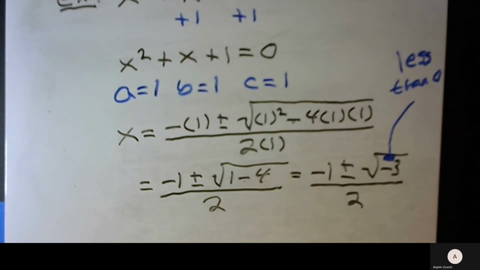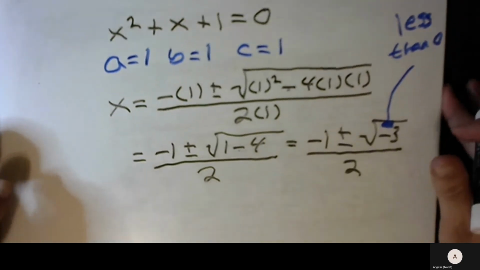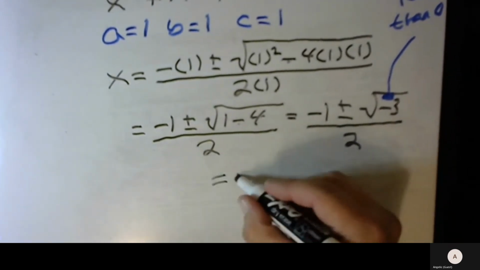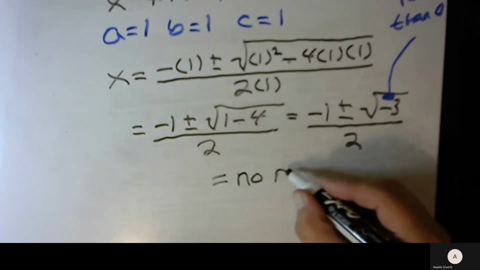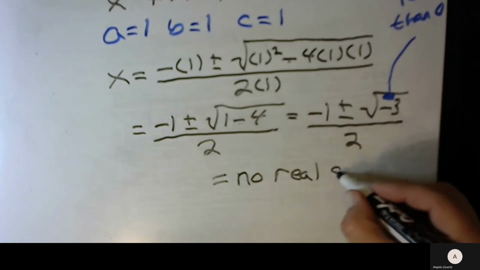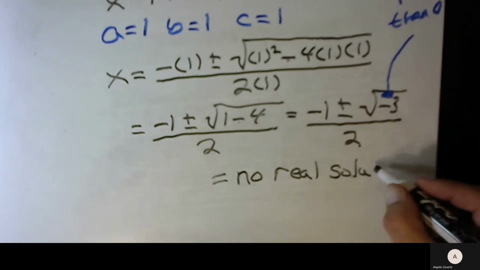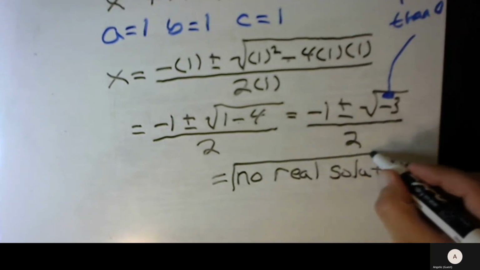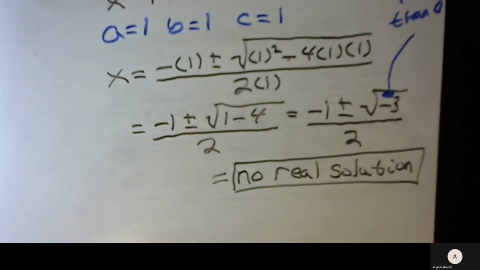If we have something less than 0 in the square root, then our solution, well, proper way to put it is no real solution. Questions about that?